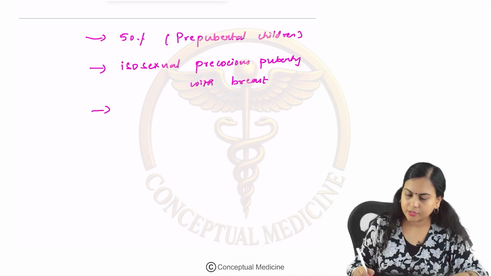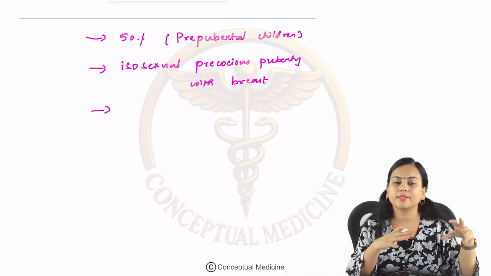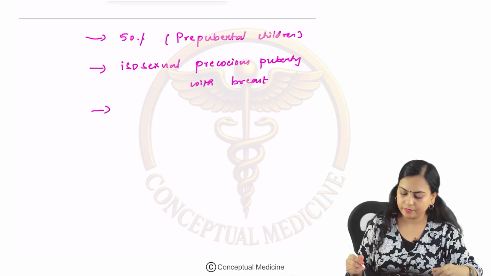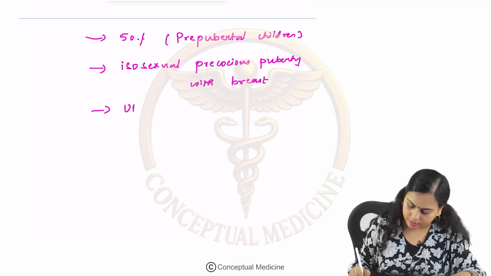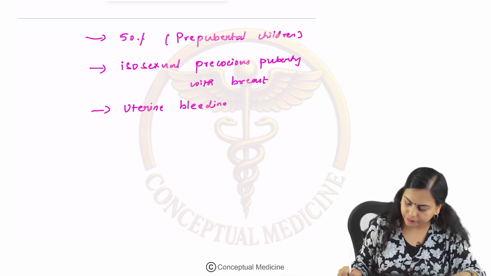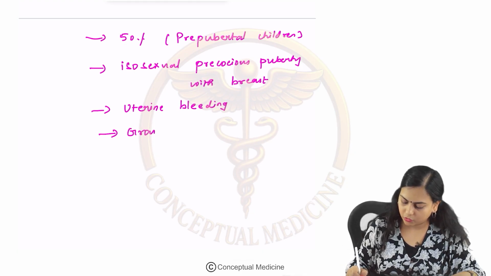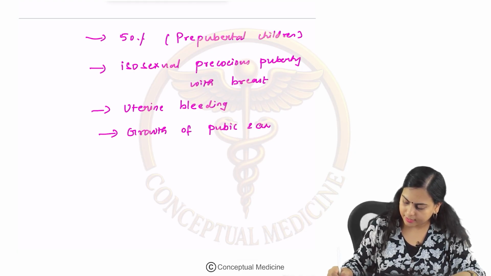Isosexual means the same sexual pubertal changes will be seen earlier. Then they can also present with uterine bleeding, and growth of pubic and axillary hair.